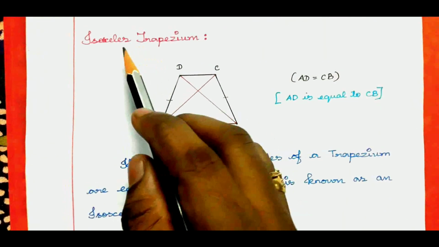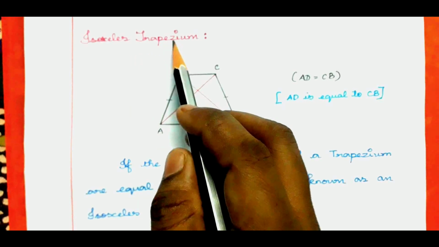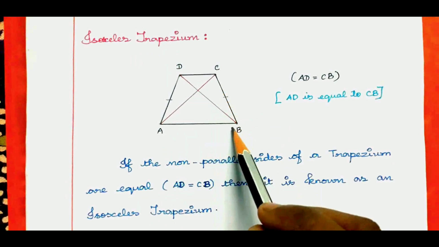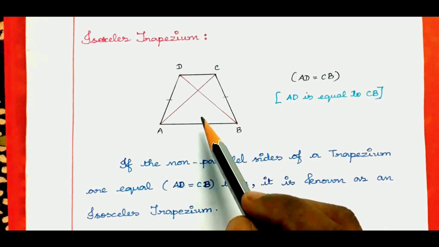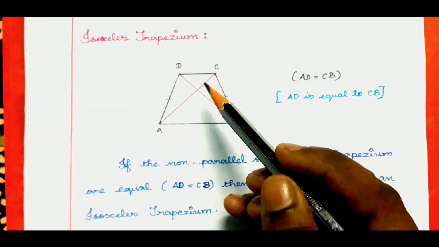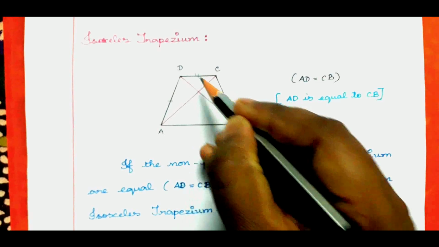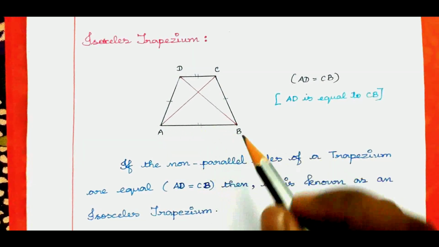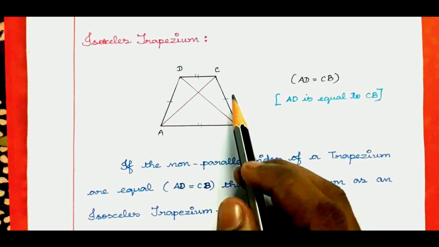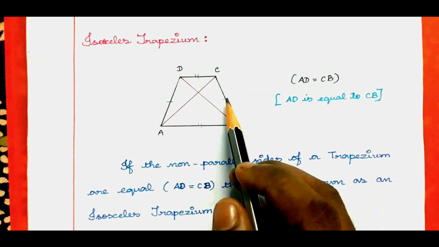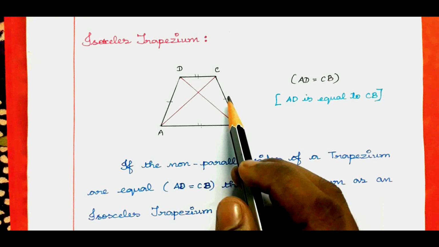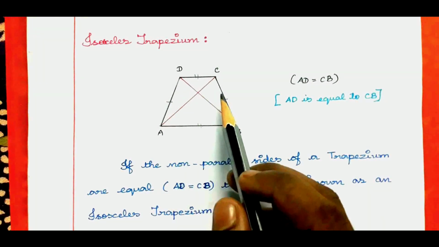Next, we'll move on to the isosceles trapezium. It is the same trapezium, where one pair of sides is parallel and the other pair is non-parallel, but those non-parallel sides have the same length.